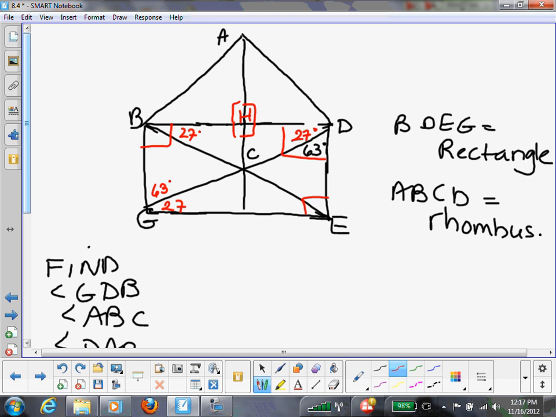No, I wouldn't see an exterior right angle. What do you think, Hannah? Why would you say HCD is 63? And so that left this to be 63. Okay, that works.